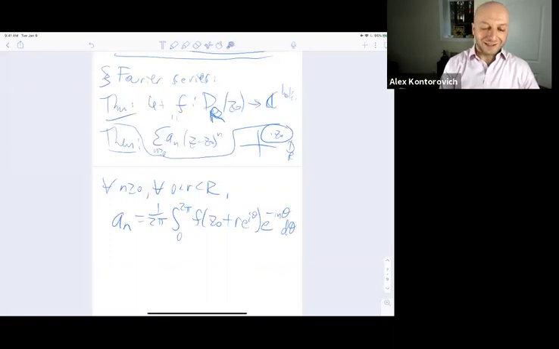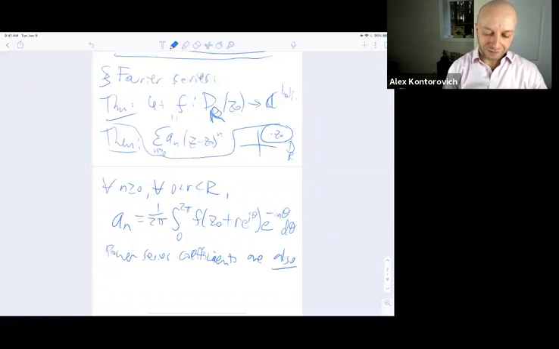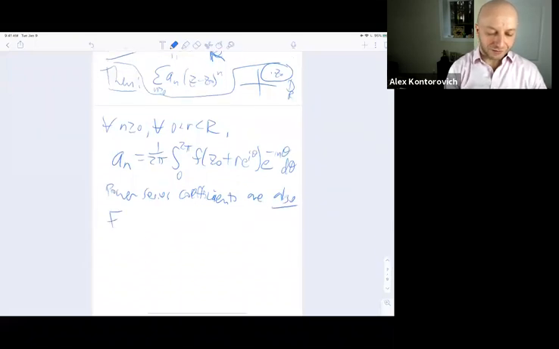these coefficients, these power series coefficients, are also Fourier coefficients. So power series coefficients are also Fourier coefficients about any circle.